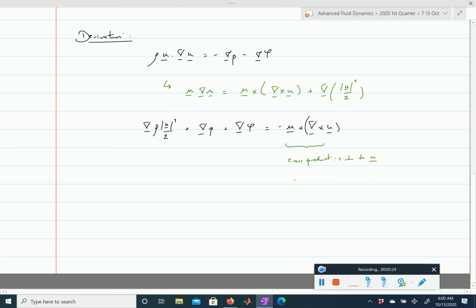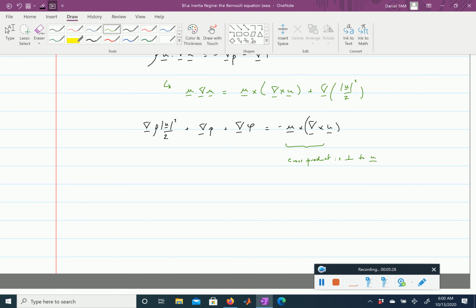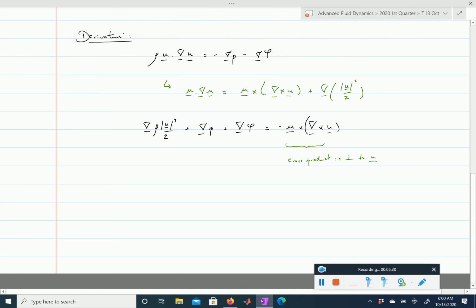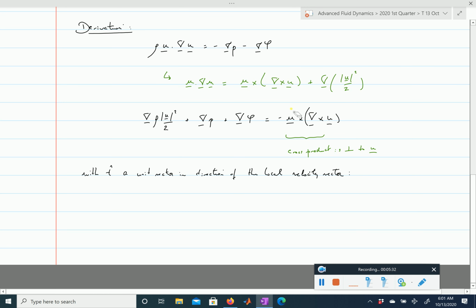So if I call t a unit vector in the direction of the local velocity vector, we can project this equation on t. So if we're taking this equation here and we project it on t, the right-hand side is going to be equal to 0 because this vector here, which is normal to t, dot t will be equal to 0.